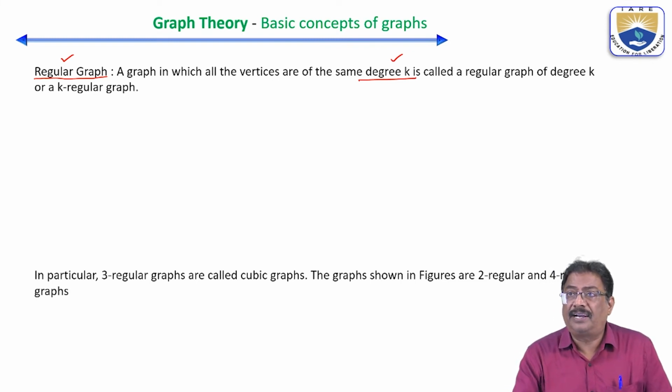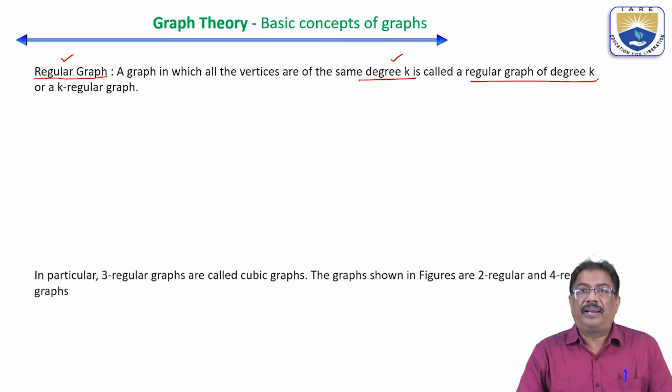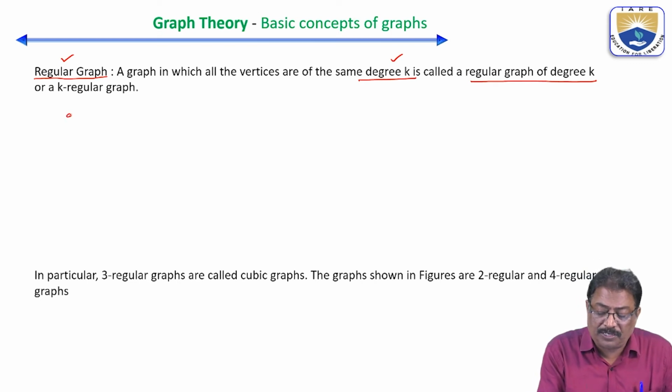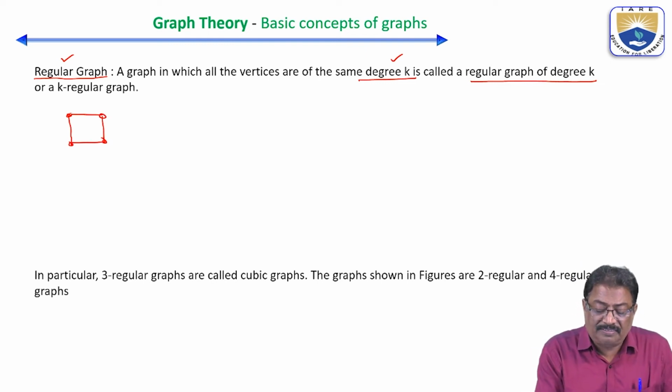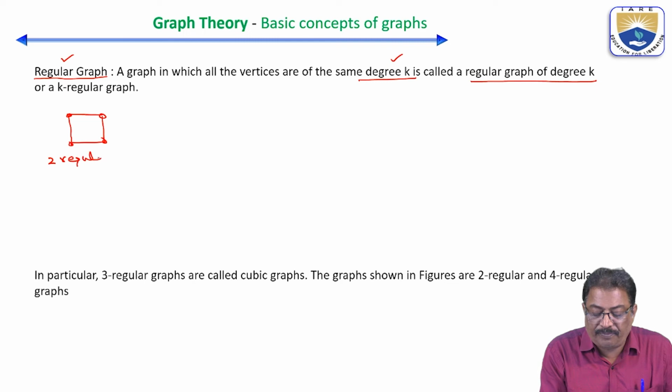Then we can say that it is a regular graph of degree k, or a k regular graph. Suppose I consider this graph: each and every vertex degree is 2. I can say that it is a 2 regular graph.